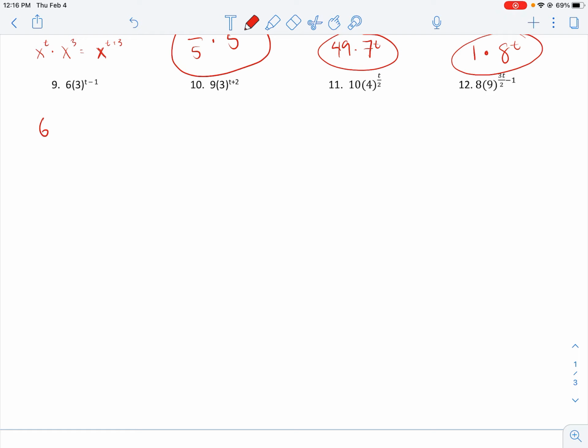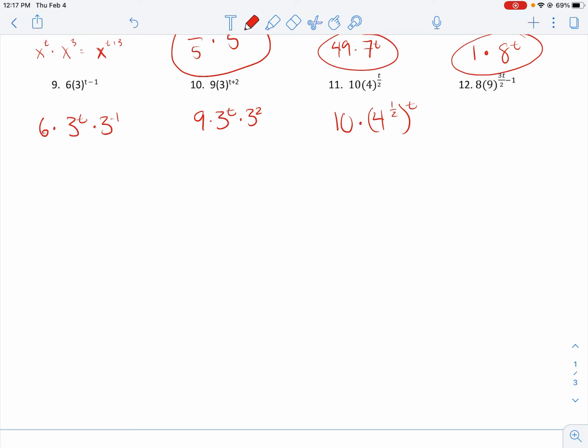Okay, the last 3 problems. I'm going to leave this 6 out in the front. This is going to be 3^t times 3 to the negative 1. I'm just going to separate all these out here: 3^t, 3 squared, 10 times 4. I'm just going to move that 1/2 inside, raised to the t, and then, ooh, that one's going to take some work, so we'll come back to that one.